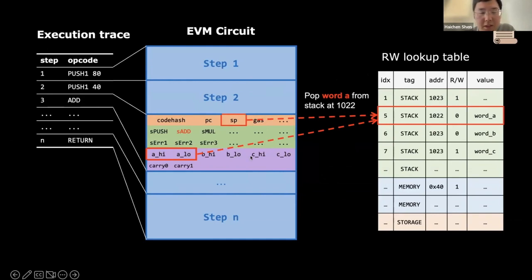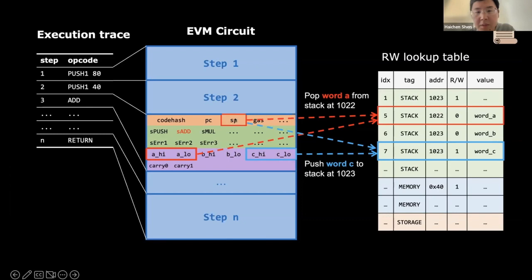And similarly, after we do the calculation, we calculate A plus B into the word C. Then you're going to use the stack pointer and add some operations. You can see I push the word C onto the stack at SP plus 1.